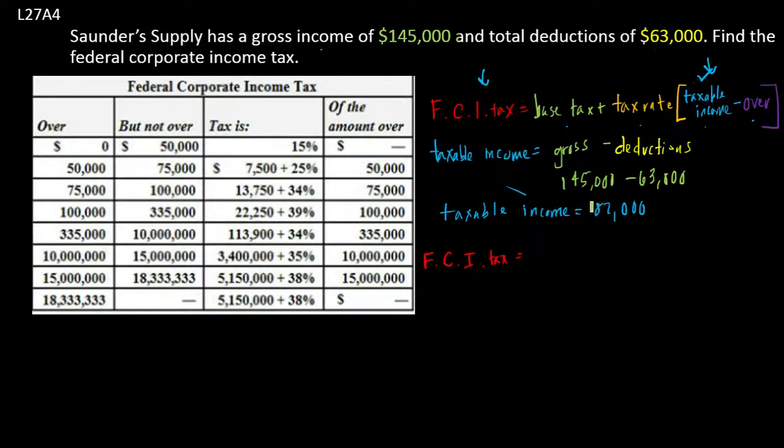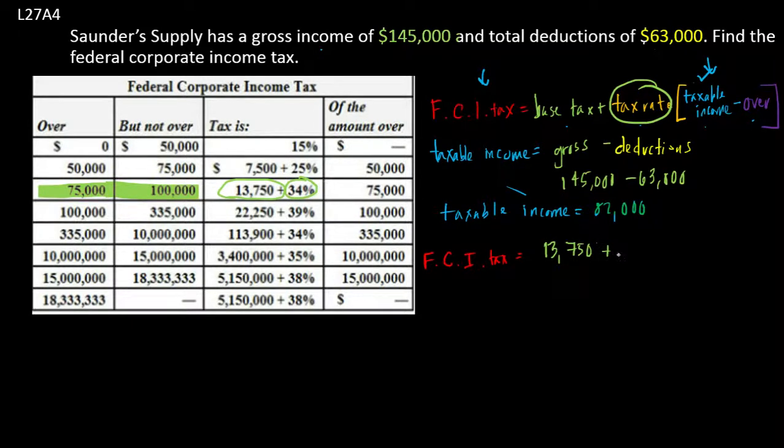So since our taxable income is 82,000, I find the range that suits this. So 82,000 is over 75,000, but not over 100,000. So that means my base tax is going to be 13,750. So I write 13,750, and I'm going to add that to the tax rate, which is also told to me on that same line.